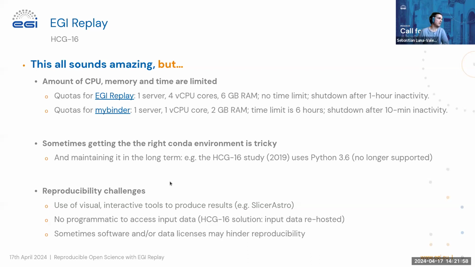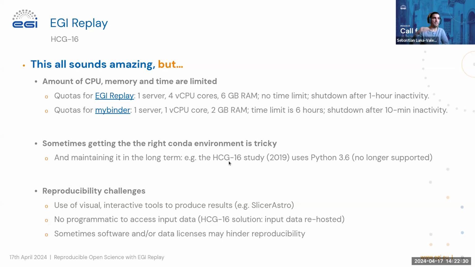The second aspect that I'd like to cover is the way that you treat the software dependencies. In our example, it was the Conda environment. It might be tricky to get the list of dependencies right, but also the versions for each of the dependencies. Moreover, in our case, the Hickson 16 study was completed in 2019. That's 5 years ago.